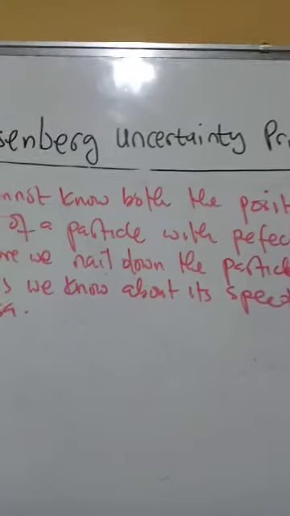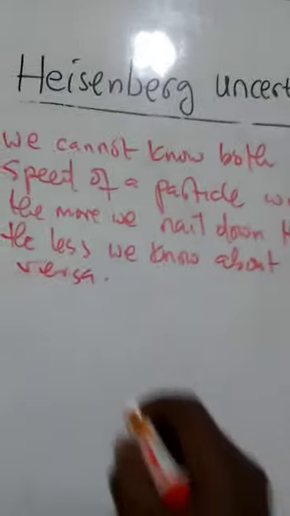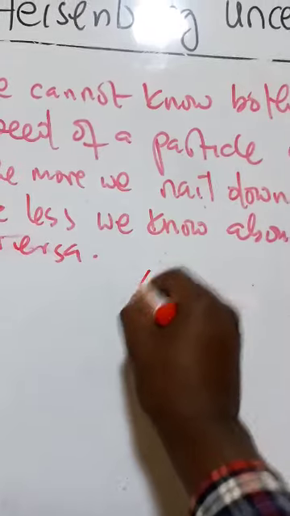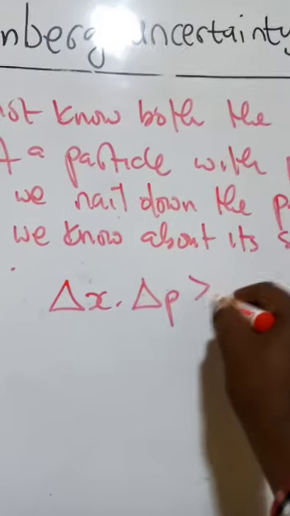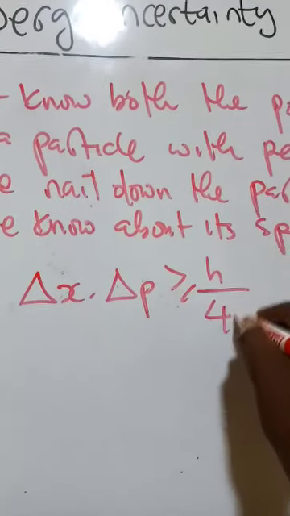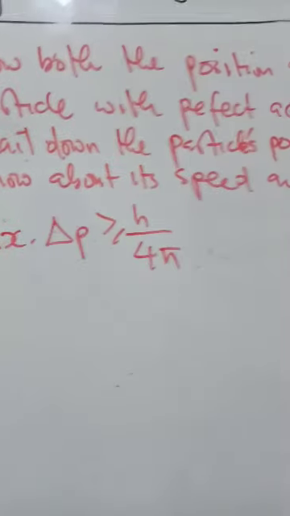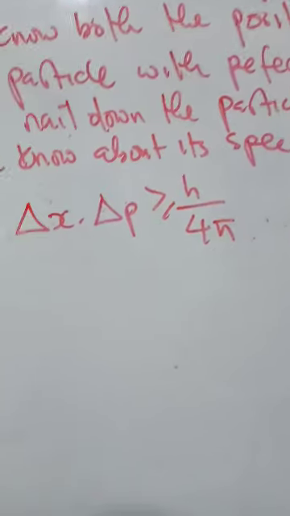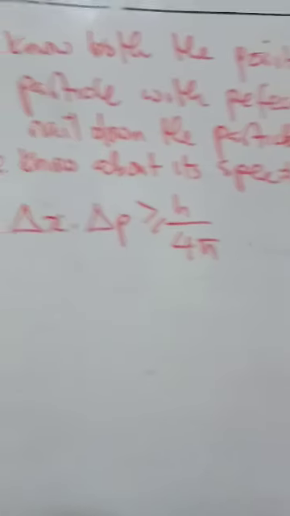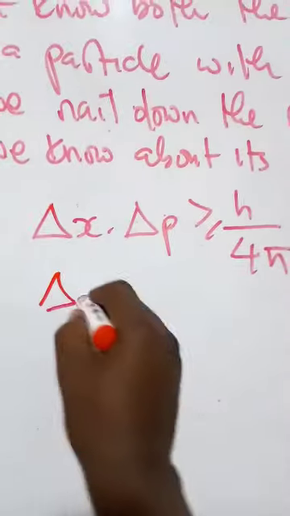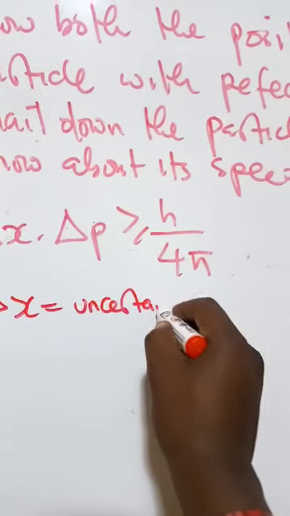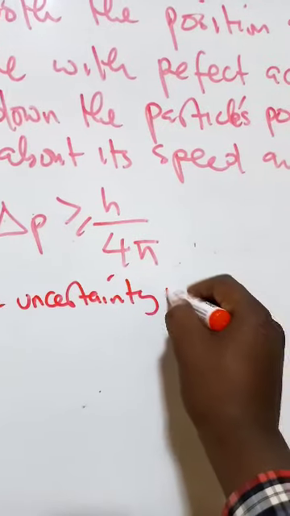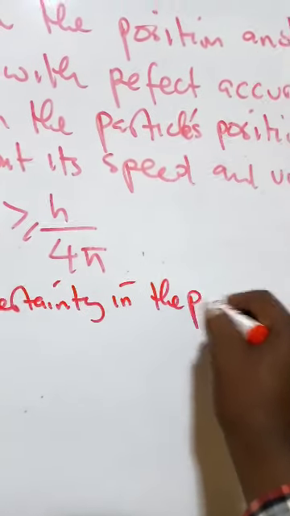Stated mathematically, the uncertainty principle is given by the equation delta x delta p is greater than or equal to h over 4 pi, where delta x is the uncertainty in the particle's position.